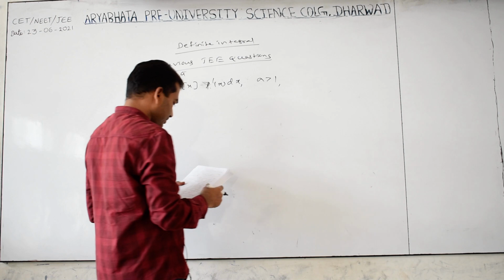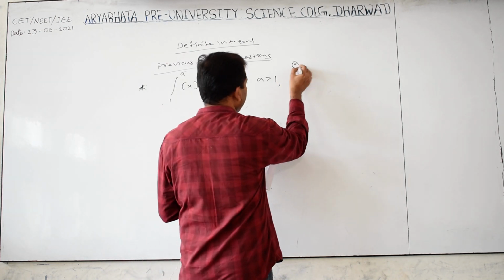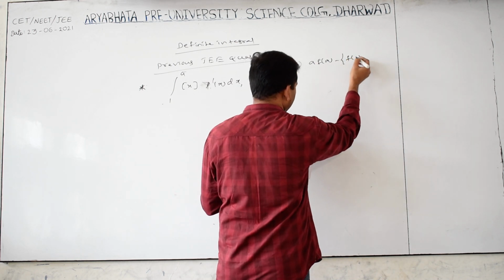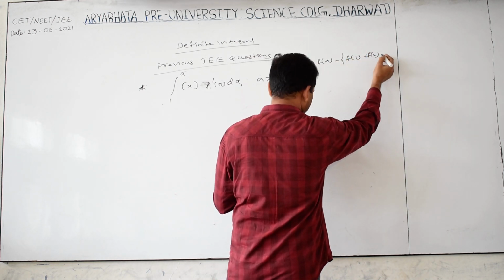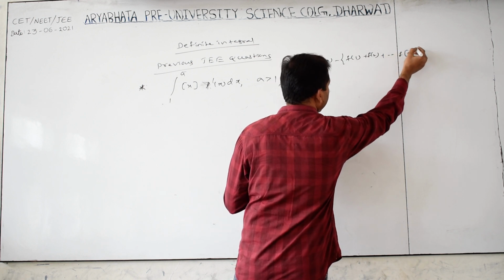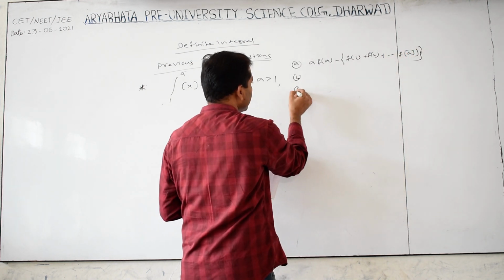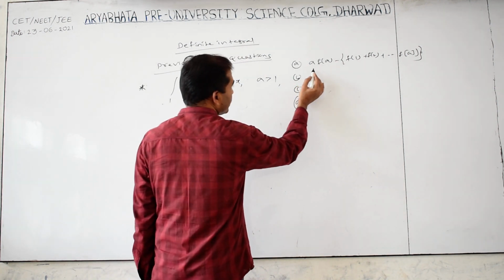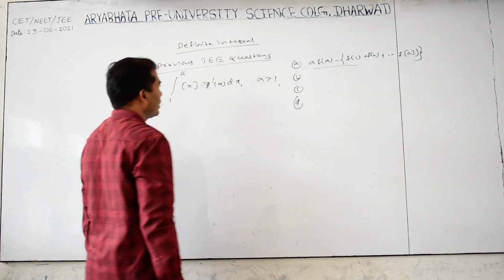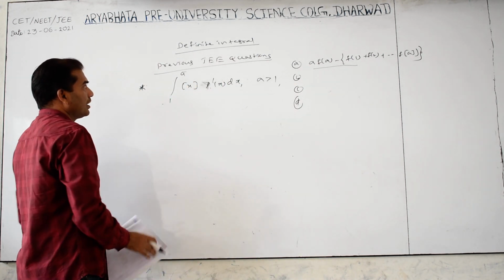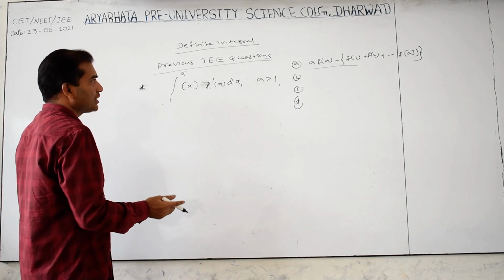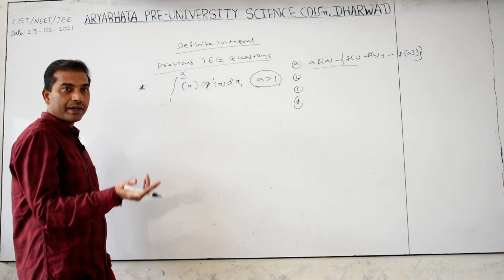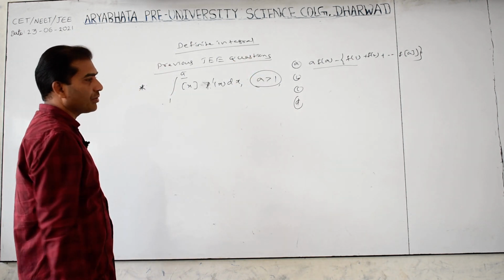Options: A, a f of a minus the sum of f of 1 plus f of 2 plus so on up to f of [a], and so on for B, C, D. By seeing the options, we know we have to work with the step function, which changes at every integer. The value of a is not known, it may be 100 or 1000, we do not know the fixed number.